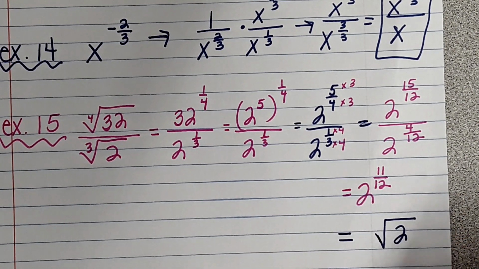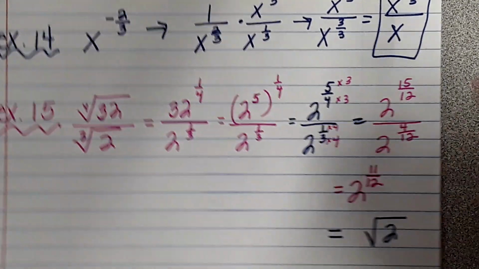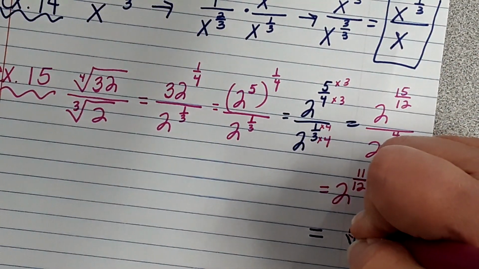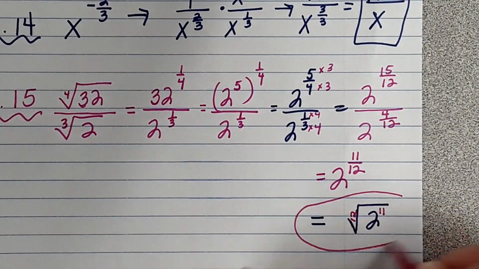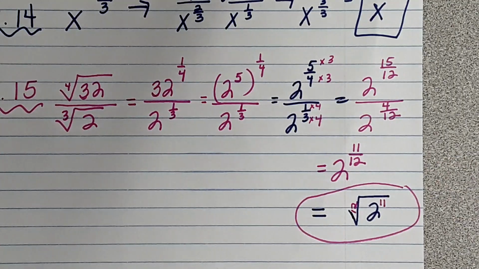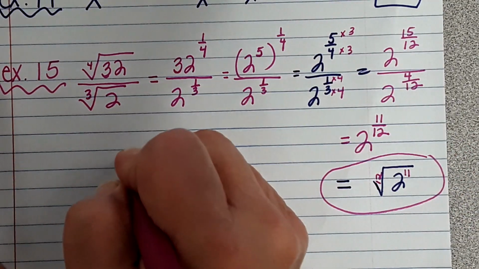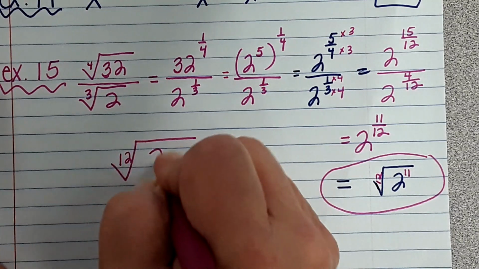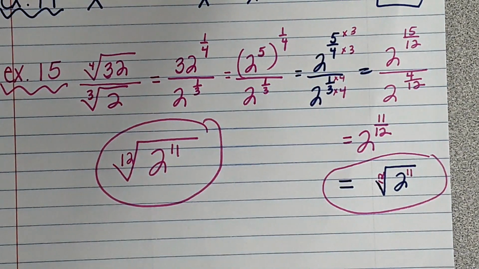The 11 or the 12? So the 12 goes in the check mark. And then the 11 goes here. This is your final answer. So 12 is in the check mark, you guys. I know you can't read that. That's your final answer. That's a little bit better. You can read that one.